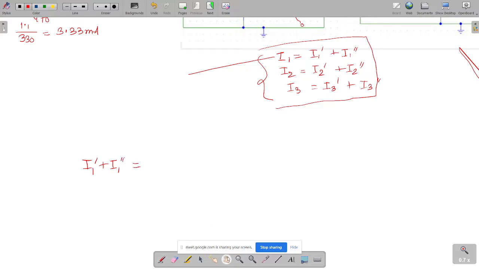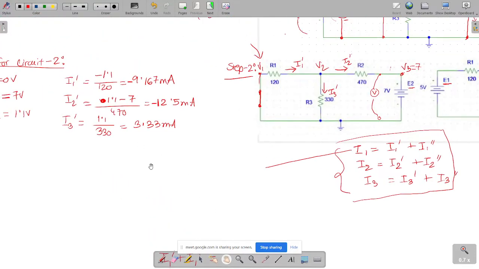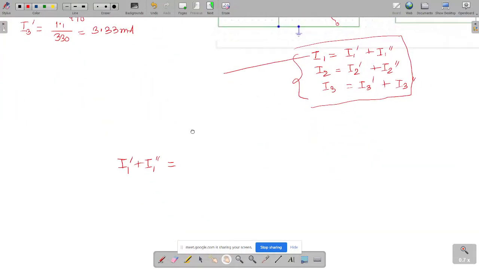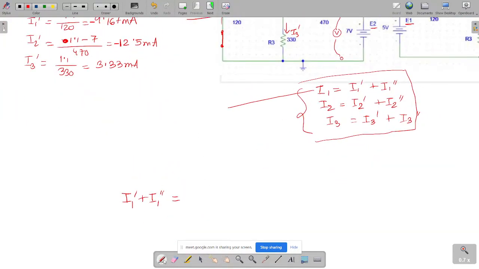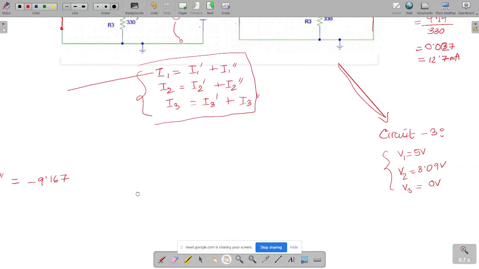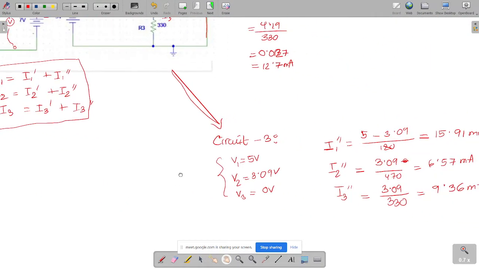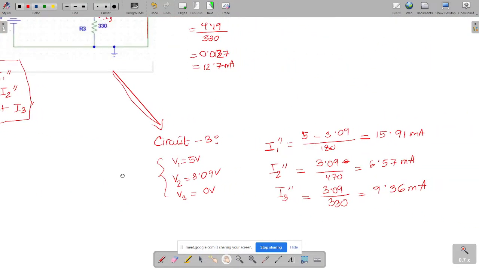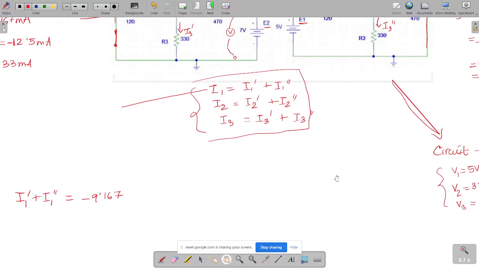So what was the value of I1 prime? It was about minus 9.167. And what about I1 double prime? I1 double prime is about 15.91, right?